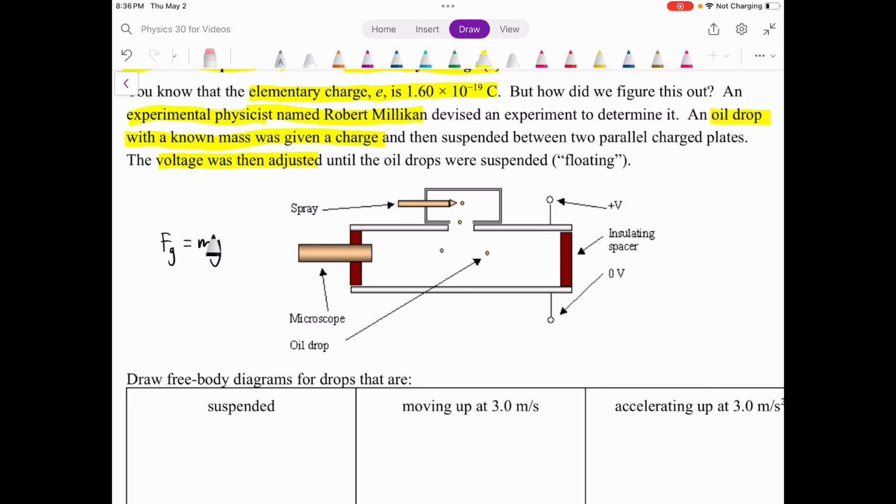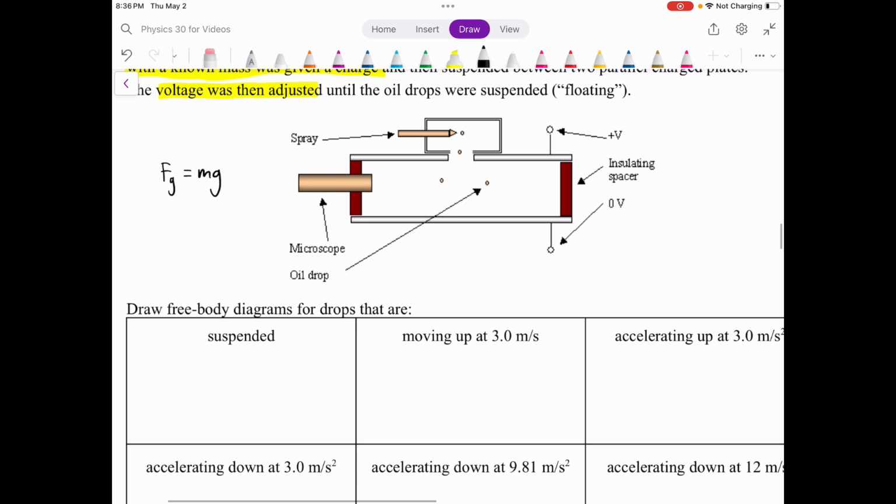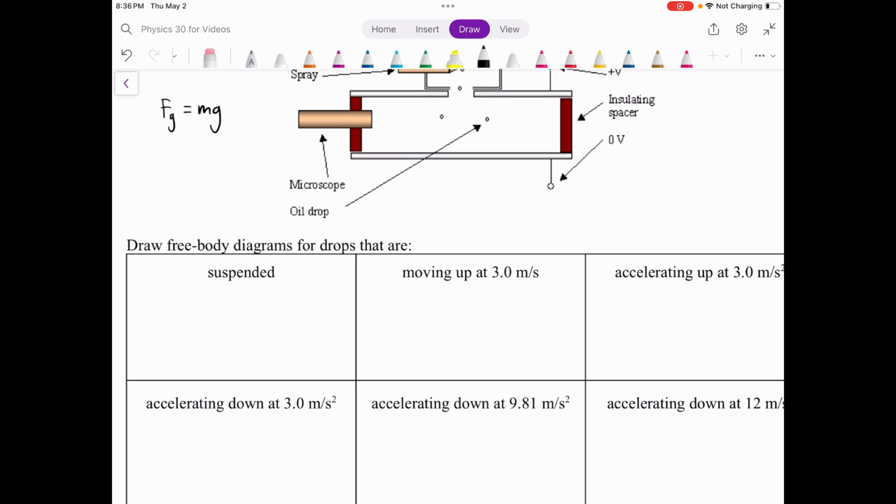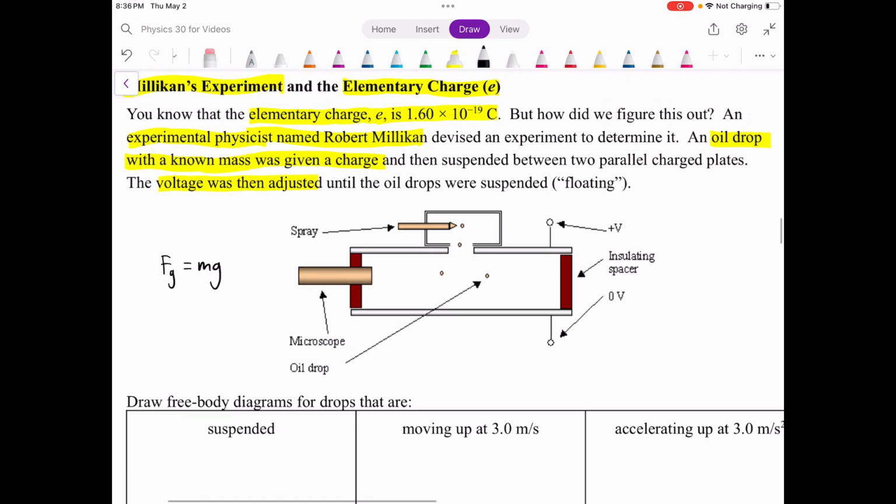And again, we can calculate what that force is. So we could calculate the electric force acting on it upwards. And I'll leave it there for now. We'll talk about how this leads to actually figuring out the charge, okay? But let's just remind ourselves of what's going on here, okay? Because what Millikan did is get the oil drops so that they were suspended, essentially floating.